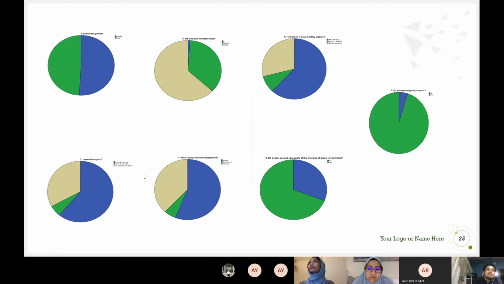For marital status, there are more single people that responded to the questionnaires compared to the married couple. So those single respondents are more likely to be concerned about the changes of the economic growth.